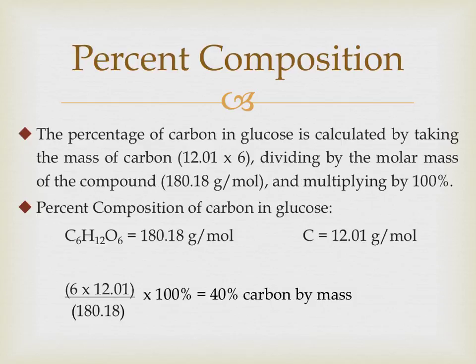So the percentage of carbon in glucose is 12.01 times 6 divided by the molar mass of the compound and multiplied by 100, which gives you about 40% carbon by mass in glucose.